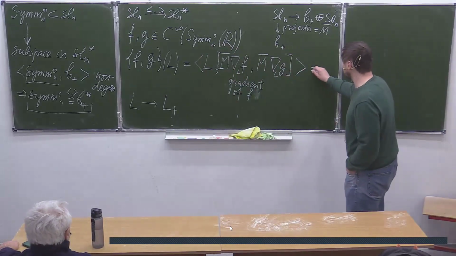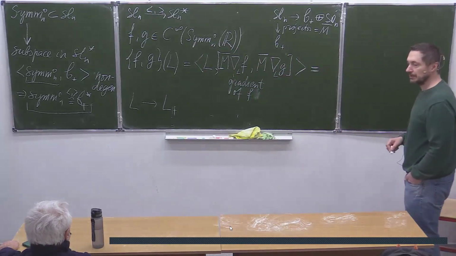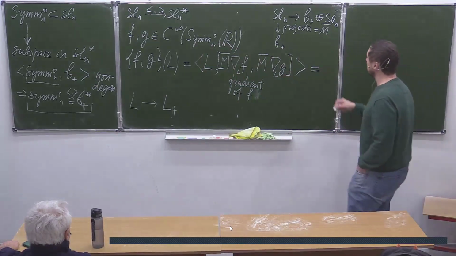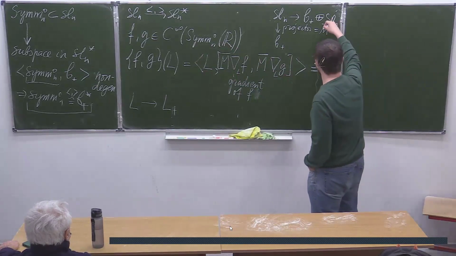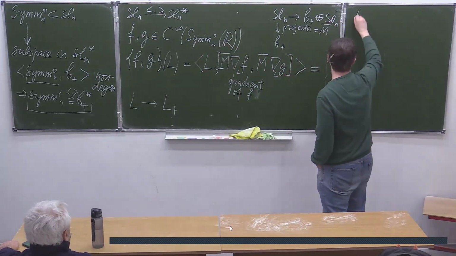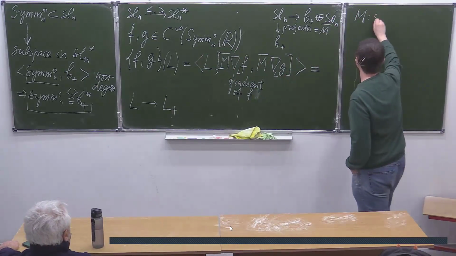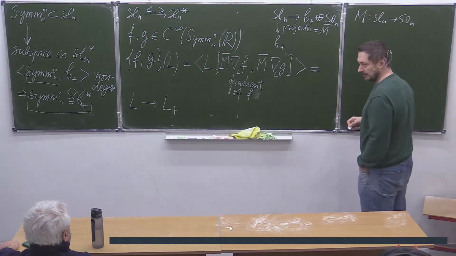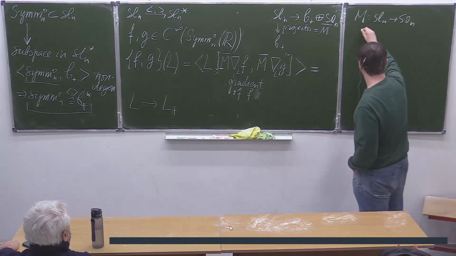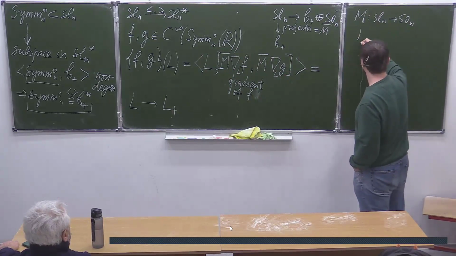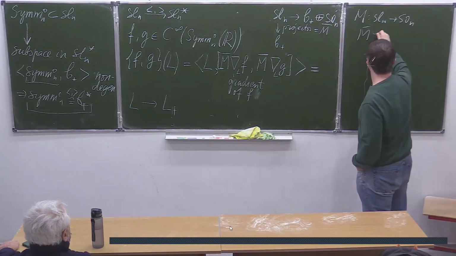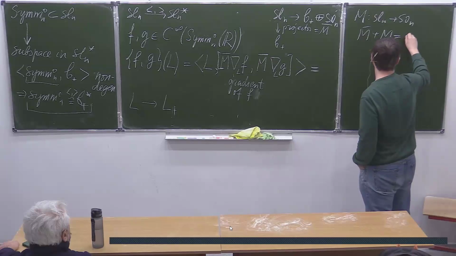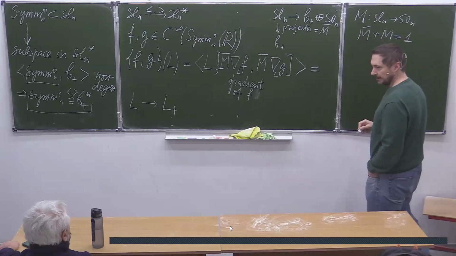Actually, I can continue. I can change this formula a little bit, because in addition to this projector M bar, I have projector M from SLN to SON along B plus, right? So that M bar plus M is equal to identity, right?